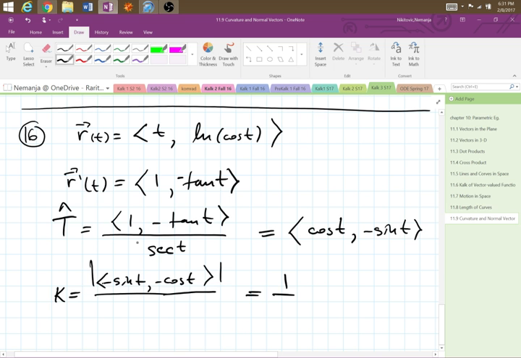And then secant t, so it's cosine t. You provide the t time, and you will have the magnitude, the curvature.